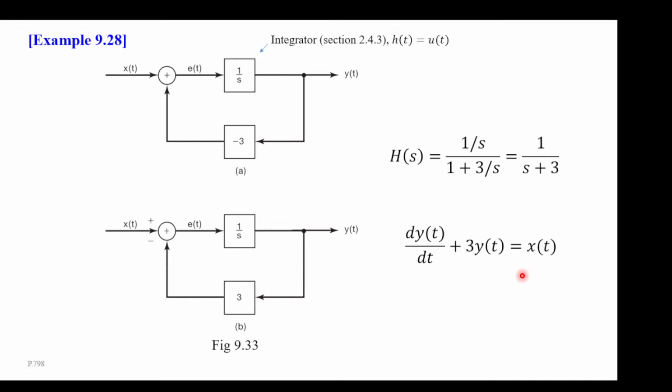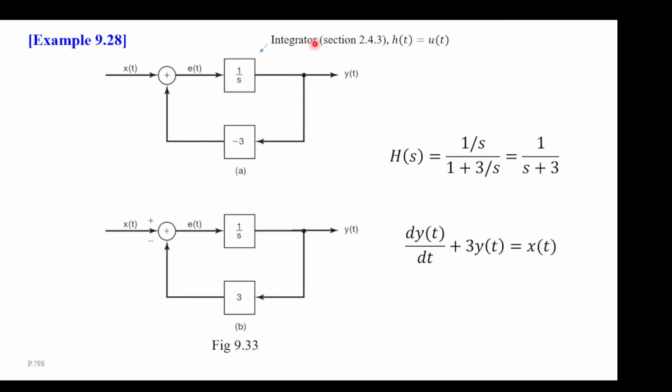So we can go back and forth between differential equation and this feedback loop block diagram. This is a way to design systems that correspond to some differential equation. Although in this example we go from block diagram to differential equation, next we are going to show how to go from differential equation to block diagram.